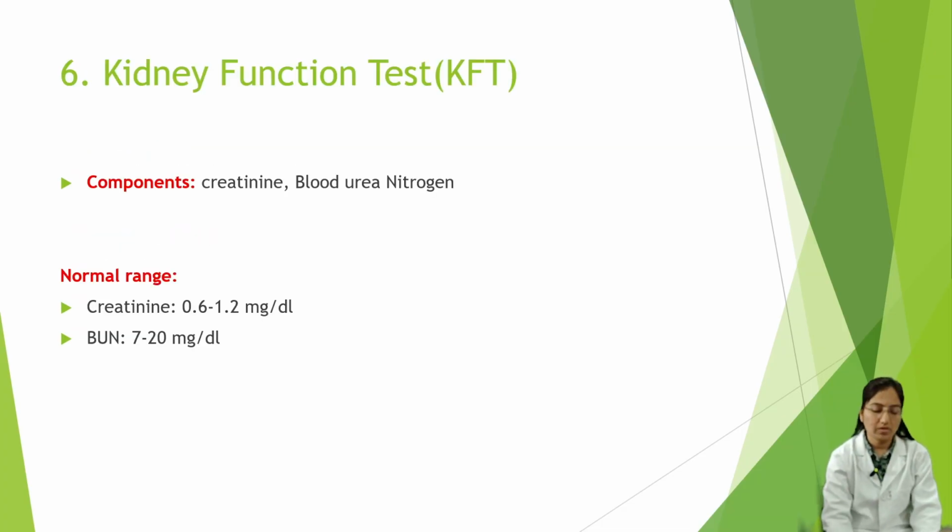We'll go to the next one, kidney function test. Here the components are creatinine and blood urea nitrogen. The normal range is creatinine 0.6 to 1.2 mg per dl, and blood urea nitrogen is 7 to 20 mg per dl.